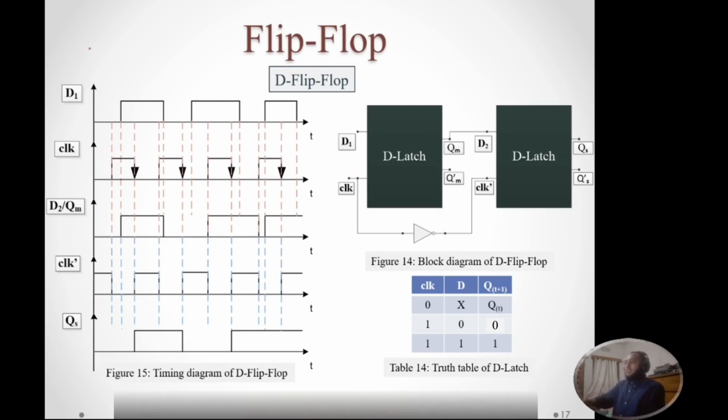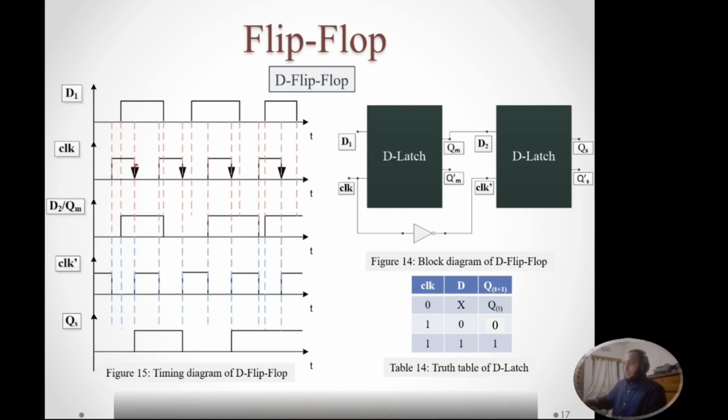So we are assuming that our initial Q is 0. So we don't have any negative edge of clock signal till this point, so our main output is 0 till this point. But whenever we have got this negative edge, we see that our D is 1, so our output becomes 1.